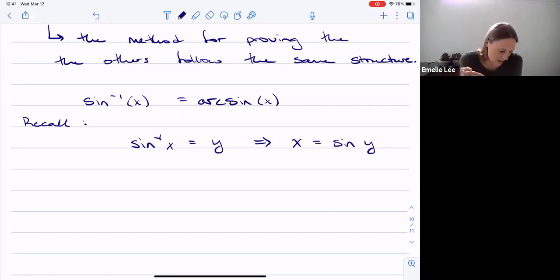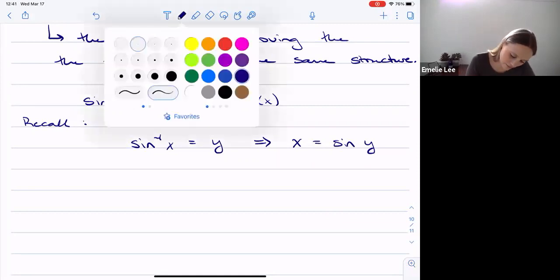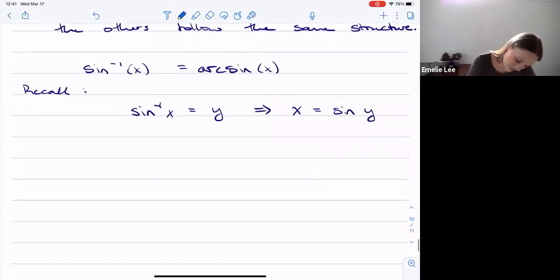And I'm going to skip talking about the domain because it's adding more work that I don't really care about. But I will write it down here.